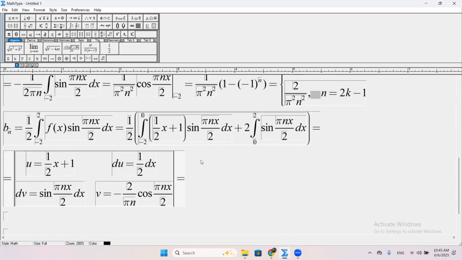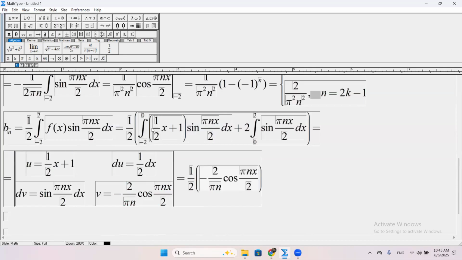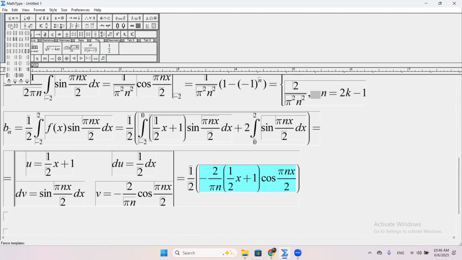So now let's calculate it. 1 over 2. So calculating uv with the substitutions from minus 2 to 0.